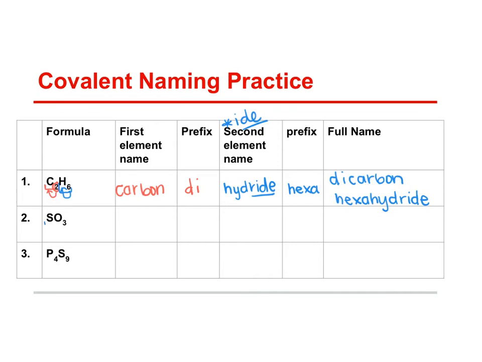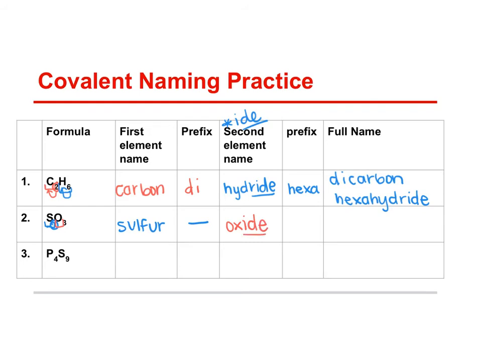So my first element is sulfur. And there's only one of these. So this is my exception to my rule. When there is only one of an element, of the first element, sorry, we don't use a prefix. So it's just going to be sulfur. My second element is oxygen, but it becomes oxide.